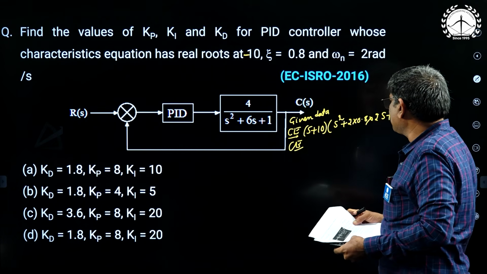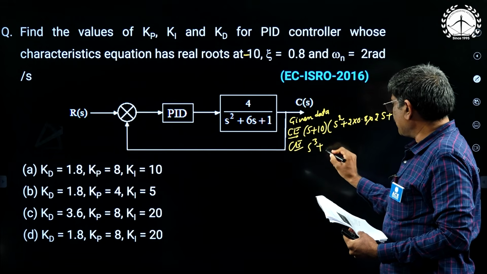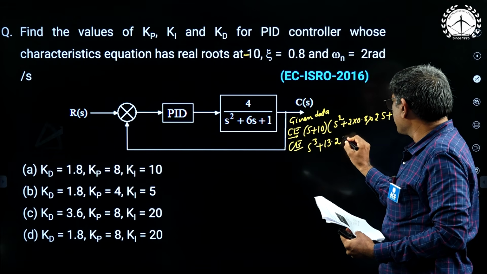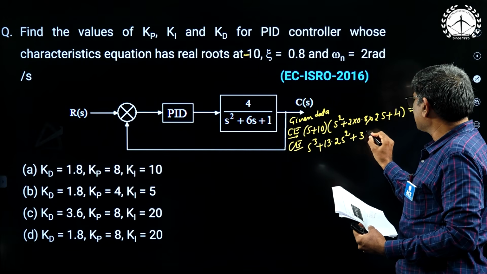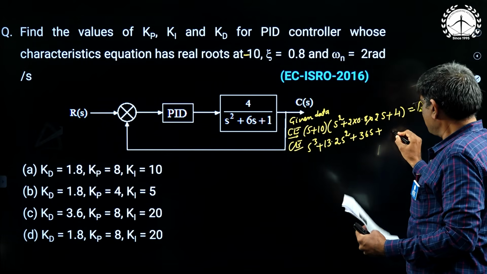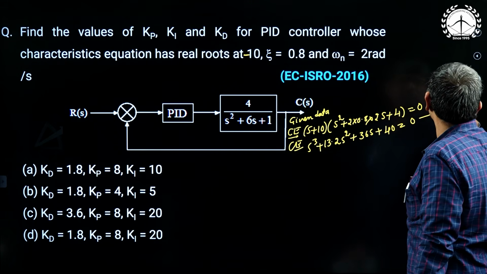If you expand this, you will get S cube plus 13.2 S square plus 36 S plus 40 equal to 0. This is equation number 1.